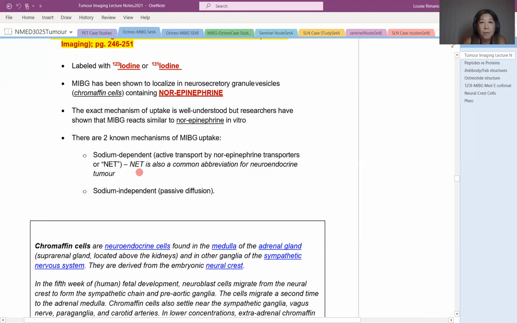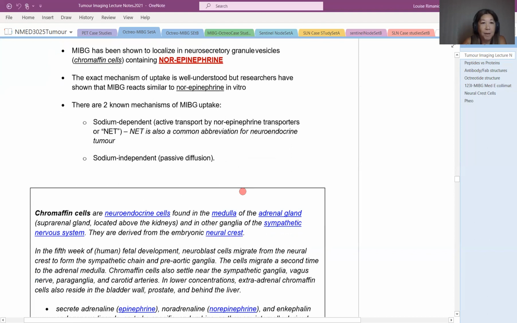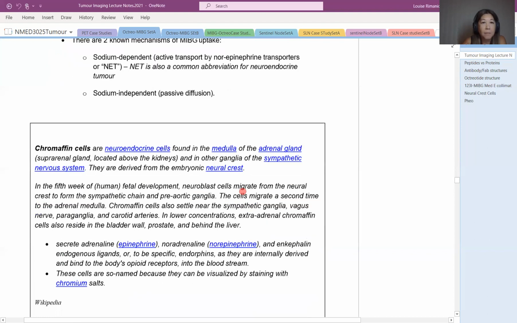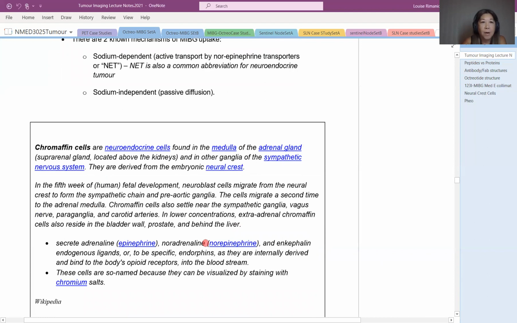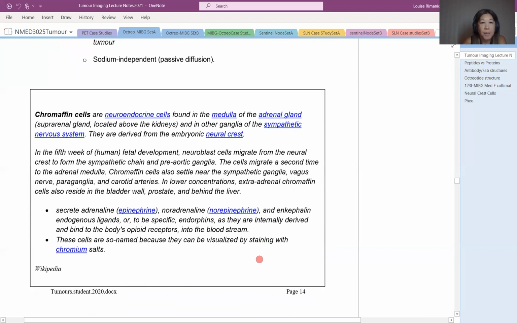Just a note here, sometimes it can be confusing because when we talk about NET, you have to know, are we talking about the norepinephrine transporters, or are we talking about the abbreviation for neuroendocrine tumors. So they're related, but they may have a different definition depending on the topic. So I'll let you read this yourself. We kind of went over this when I showed you the picture of the neural crest cells.